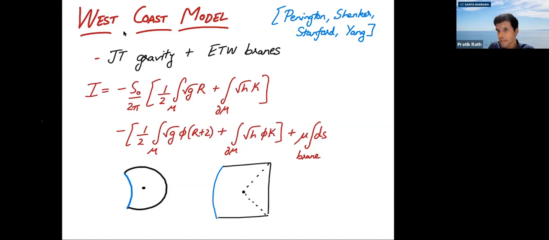This leads to this end of the world brane model. The boundary conditions you end up imposing here are essentially that it's the midpoint of this Z2 orbifold, so it's a fixed point. You have these Neumann boundary conditions there. It sits on a geodesic, and the normal derivative of the dilaton is fixed by the mass of the end of the world brane. You can show that it's a good variational principle. Okay.